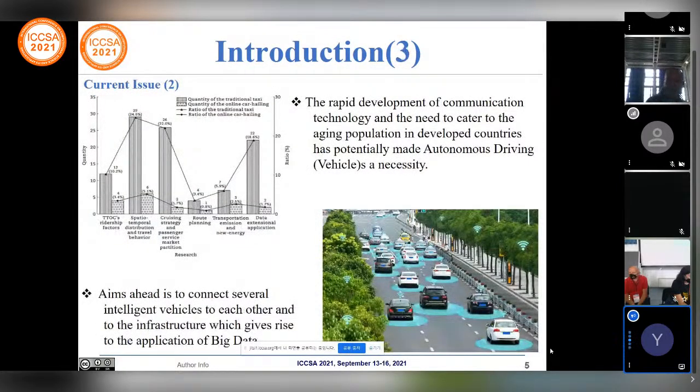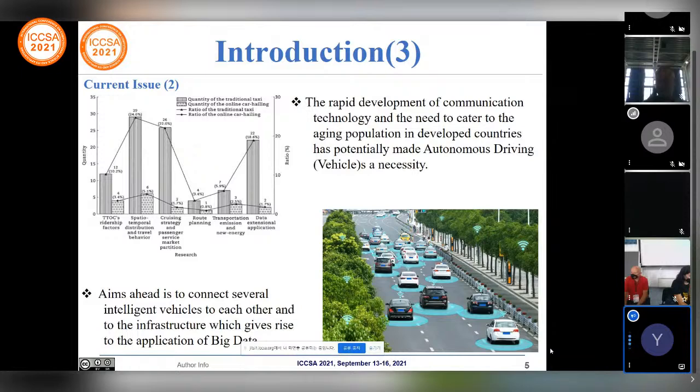The rapid development of communication technology and the need to cater to the aging population in developed countries have potentially made autonomous driving a necessity.